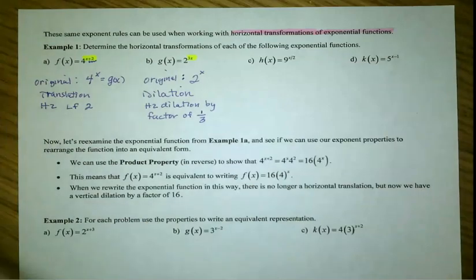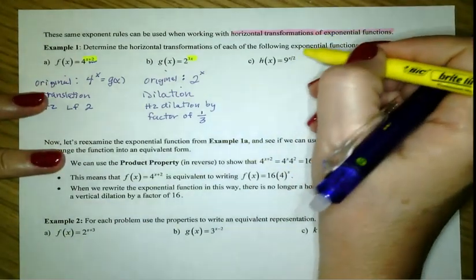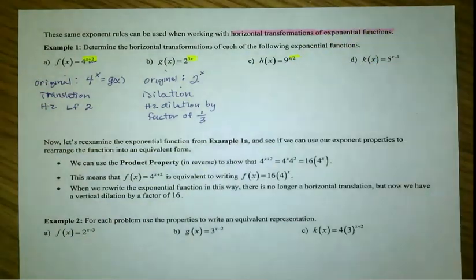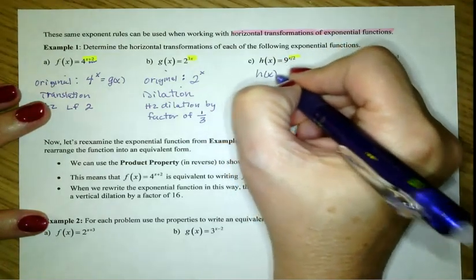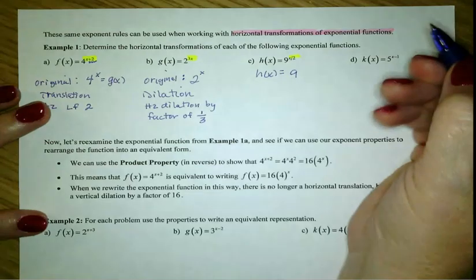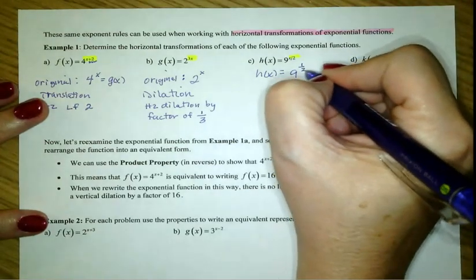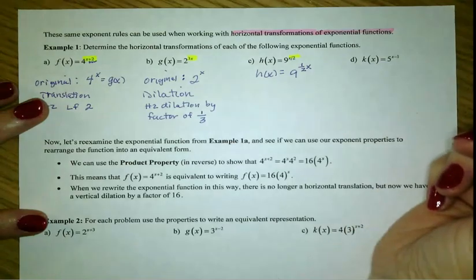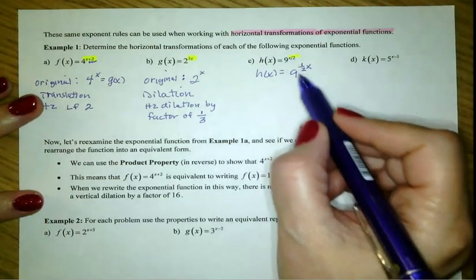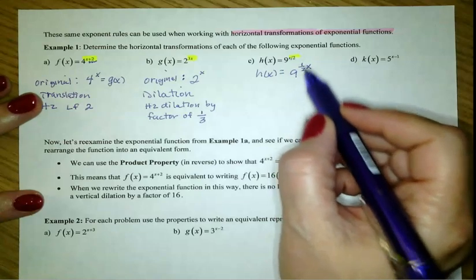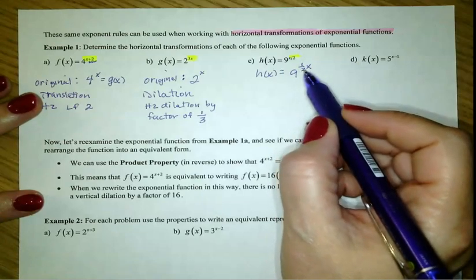So here is our function, and the power is x divided by 2. So another way that you could write this, if it's easier to think about that, is you could say this is the same thing as 9, and then it's the 1/2 power on x. So it just kind of lets us see that this is still a dilation, but what's happening inside is 1/2.